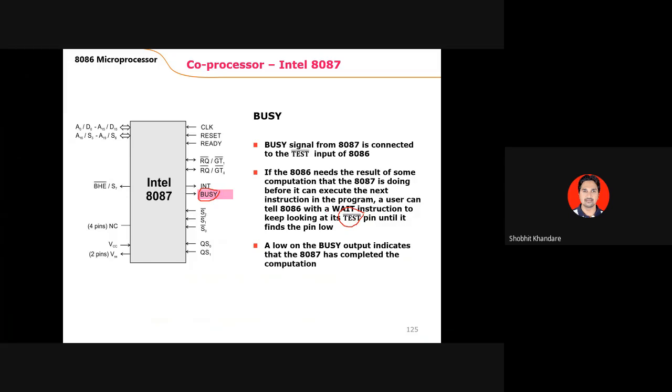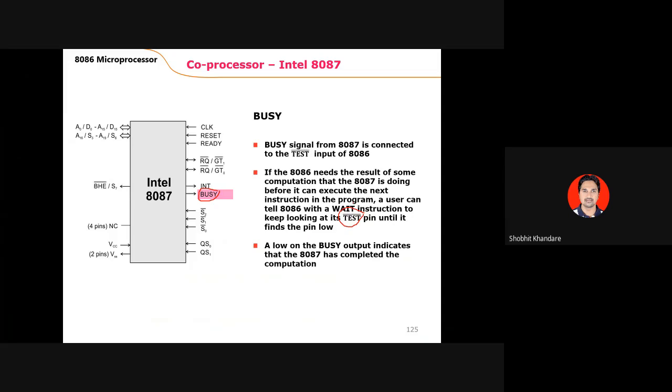It is written here: if the 8086 needs the result of some computation that the 8087 is doing before it can execute the next instruction in the program, a user can tell the 8086 with a wait instruction to keep looking at its test bar pin until it finds it low.